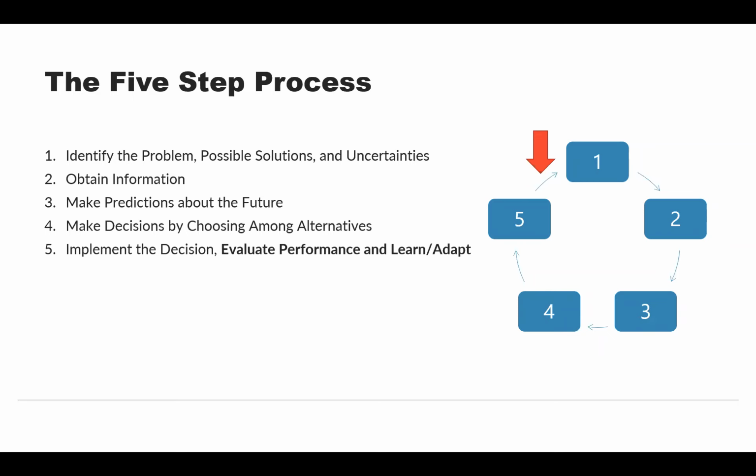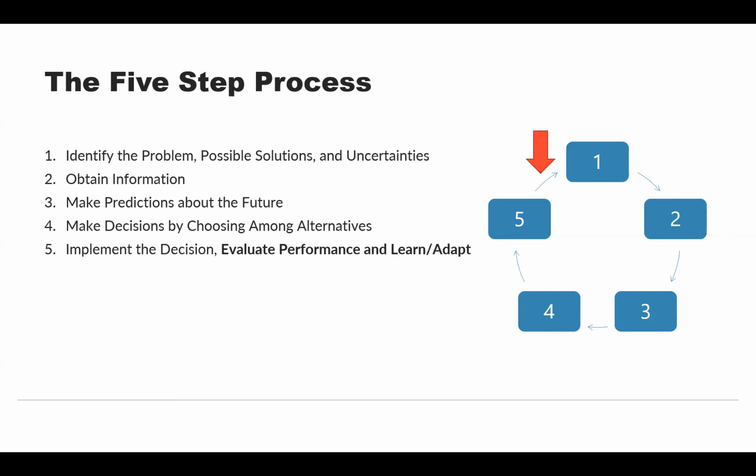So the 5-step process is ultimately 5 steps. The first thing is to clearly identify the problem that you are trying to address, the possible solutions for that problem. And that's where you really want to think a little bit broadly. And then the uncertainties, the things that you don't know that you need to find out.